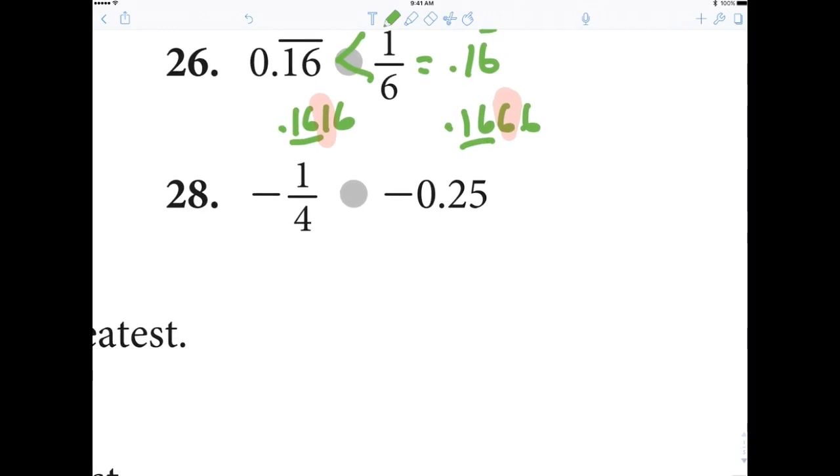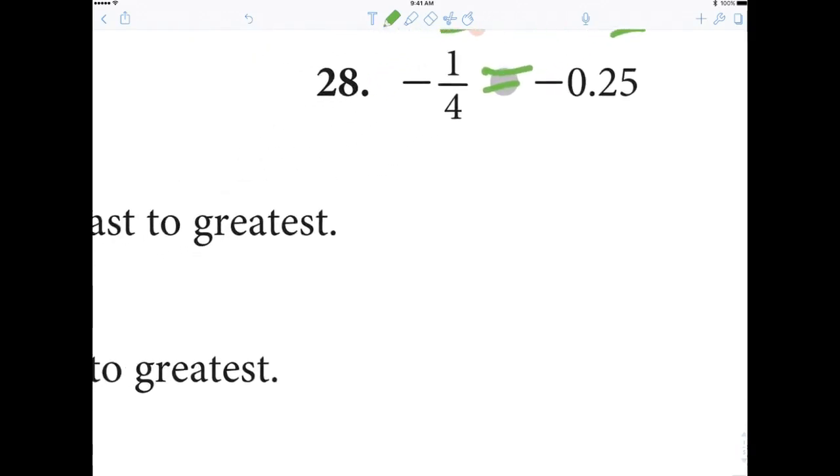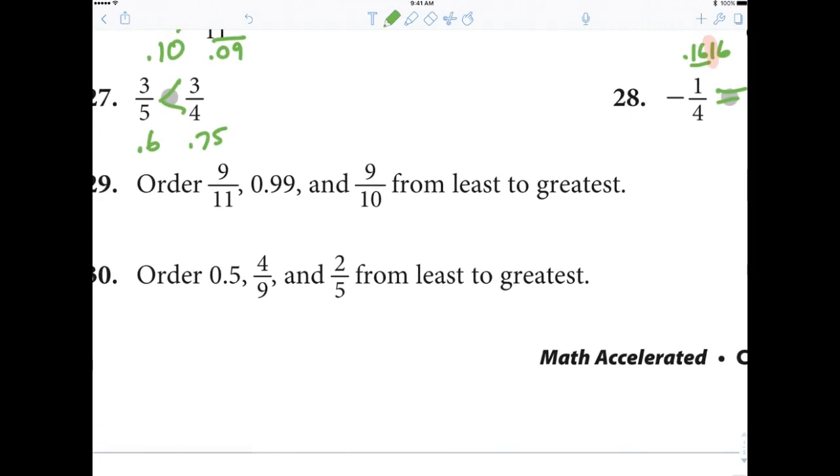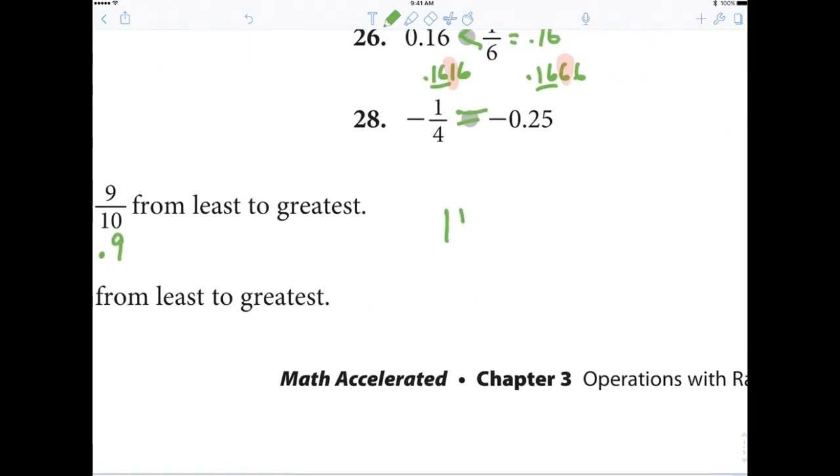Everybody should be able to quickly tell me 28 is what? That's easy, right? All right. Now, here we go. Did we do 9/11ths yet? We haven't done that problem, have we? So I have to convert that to a decimal. I know 9/10 is what? 0.9, right? And I like 0.99 because I can make a comparison. But let's do 11. 9.0. Well, how many times does 11 go into 90? 8 times.